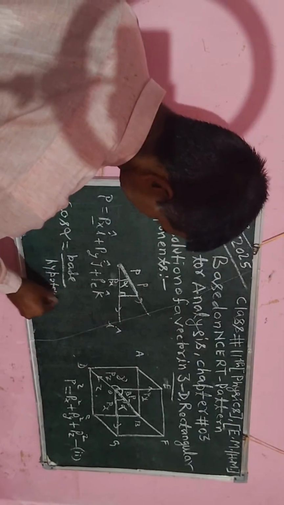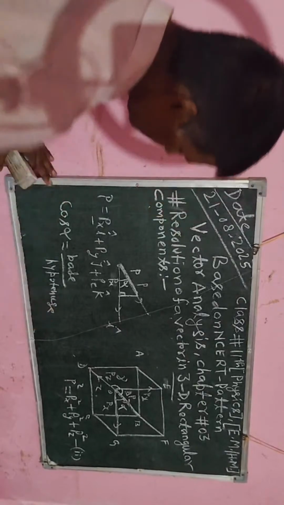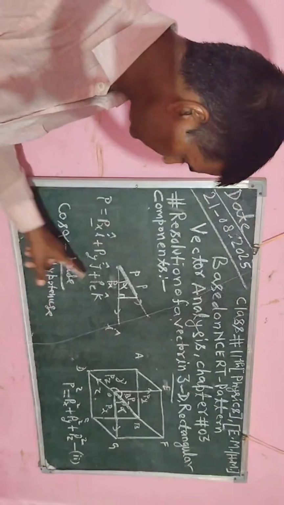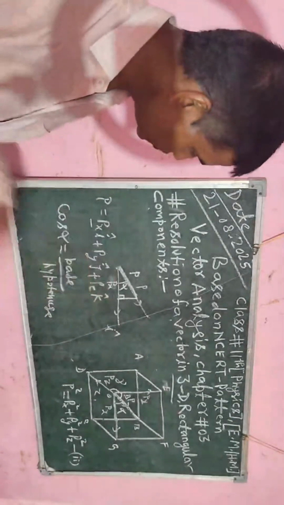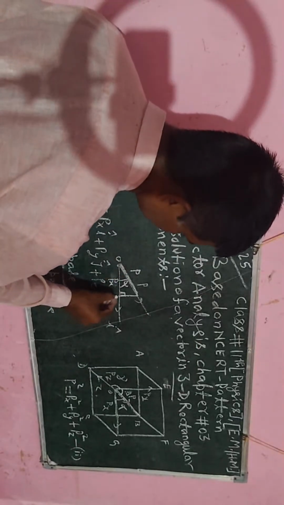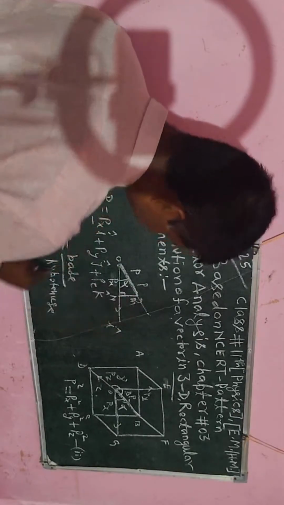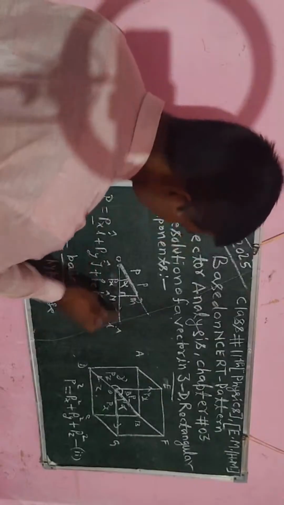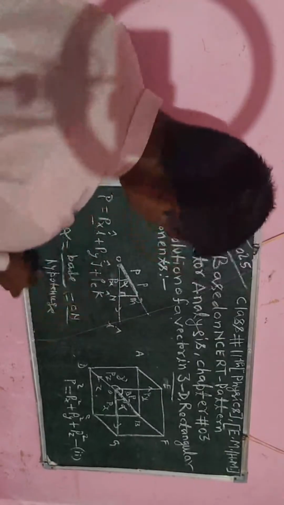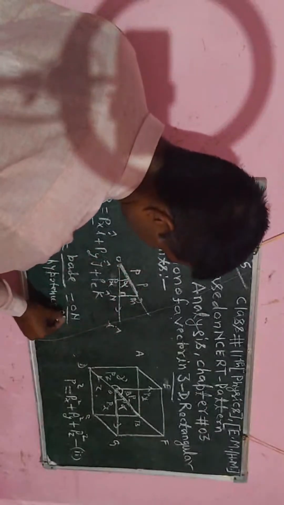Here I am going to say this point is the origin O, this is the point N, and this is point M. So the base is ON, and the hypotenuse is OM.